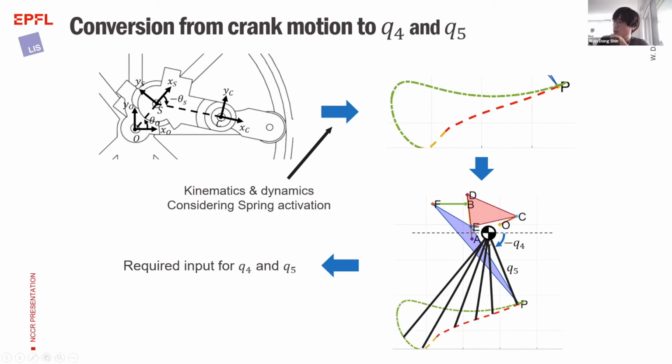From where our central mass is, we can calculate using geometry what Q4 and Q5 will be for each point. And because we know the acceleration of this trajectory, we can also get the acceleration required for Q4 and Q5, so we can use those values as the input for Q4 and Q5 in the dynamics.